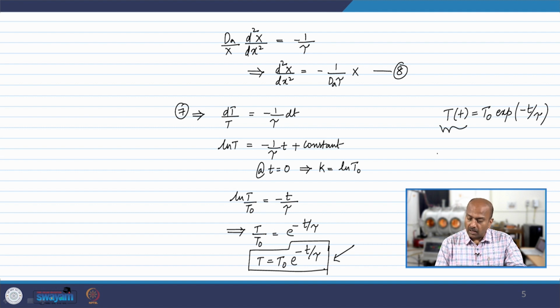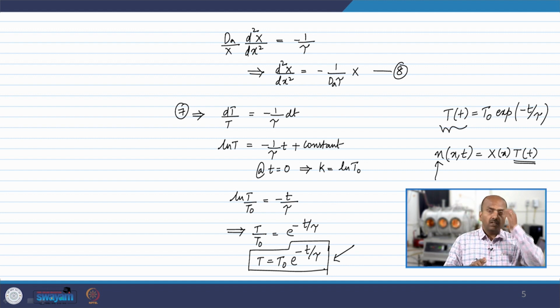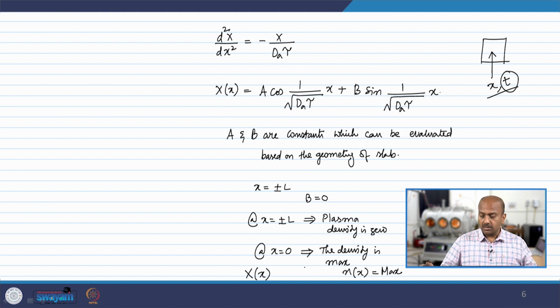T is actually a part of n of x, t, which is X of x and T of t. So, that means T is still talking about n, nothing else, okay. So, the plasma density changes with respect to time in this exponential fashion, and with respect to the distance it changes like this.